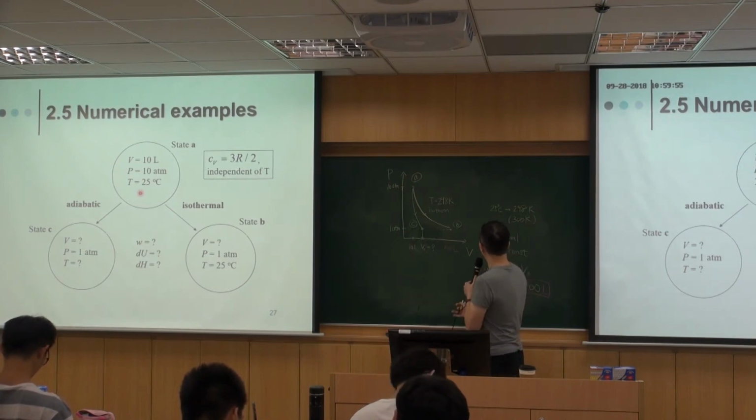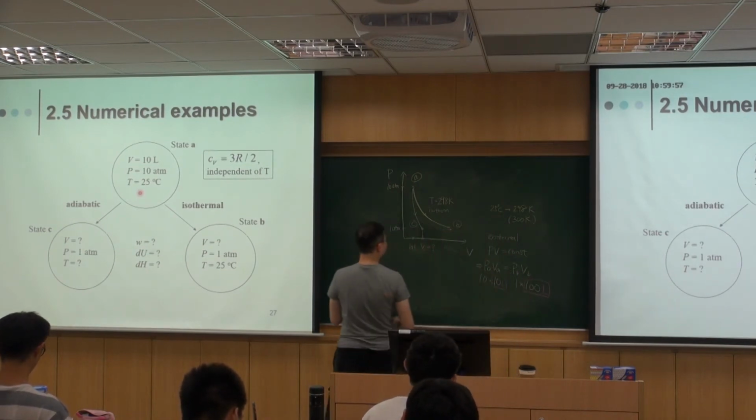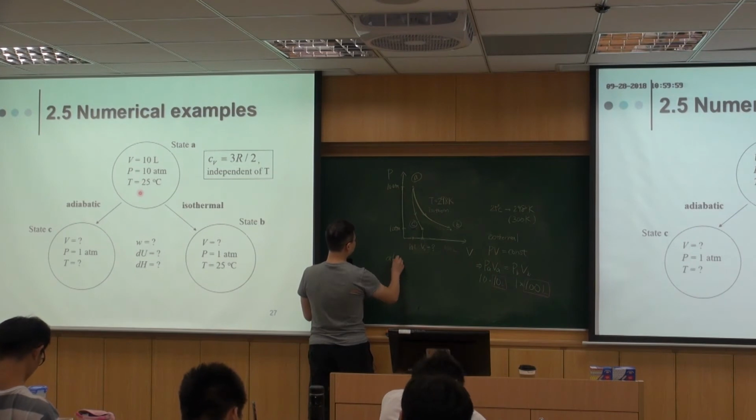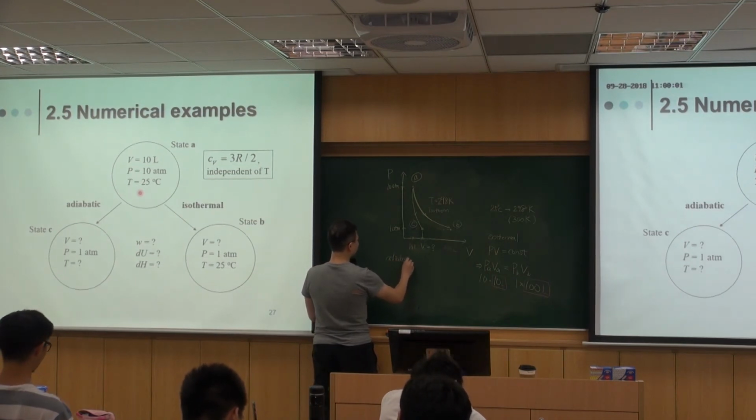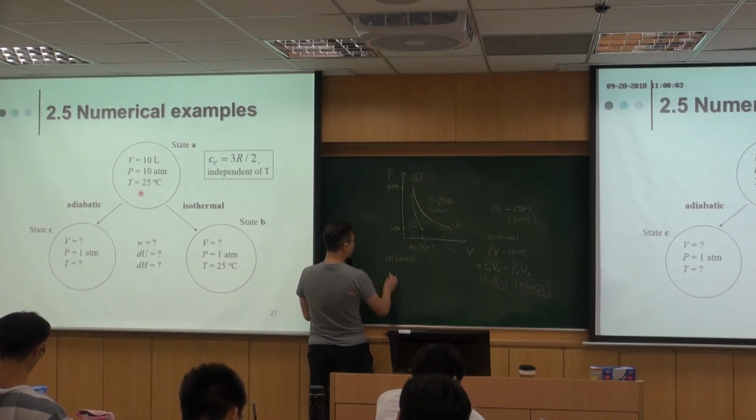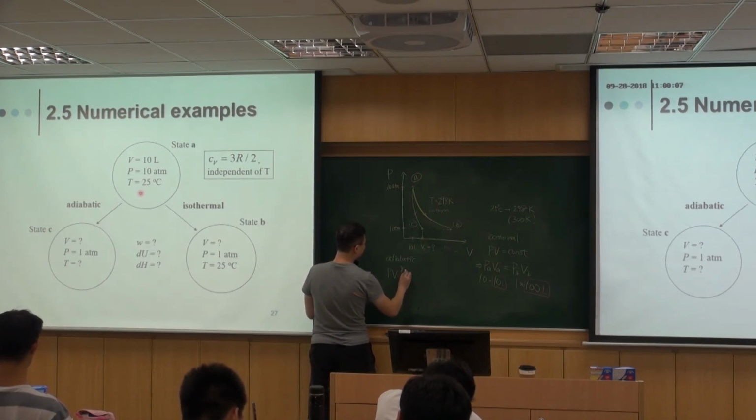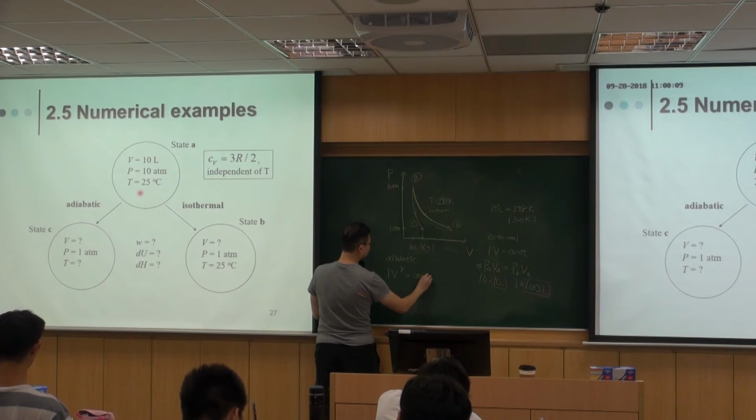So for adiabatic process, this is also pretty straightforward, right? Because we already know the relation that PV to the gamma is constant.